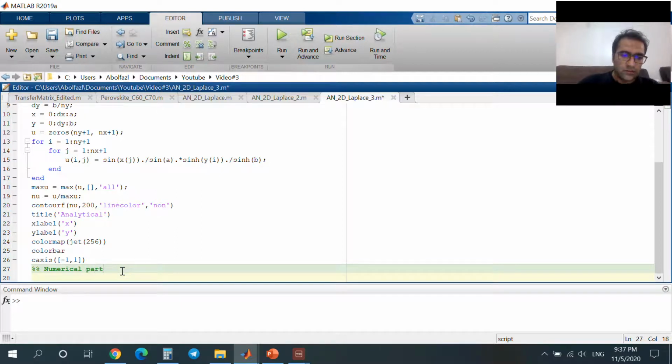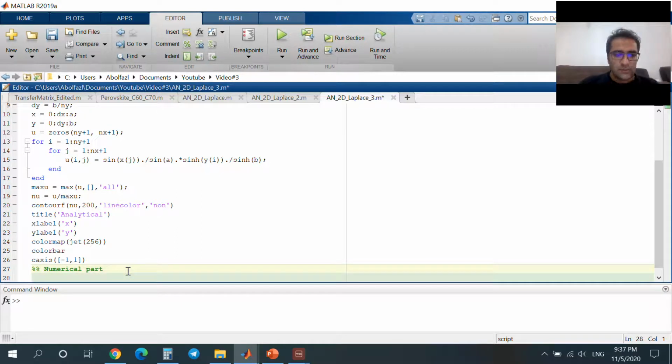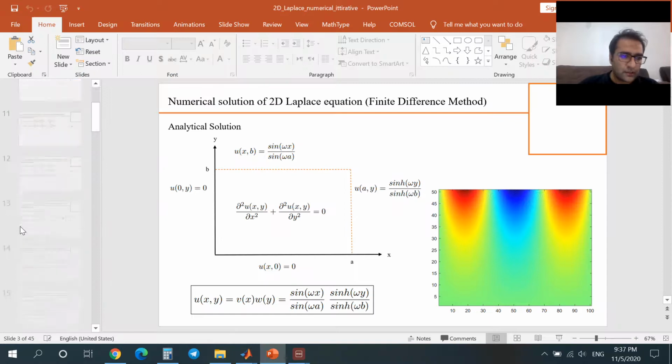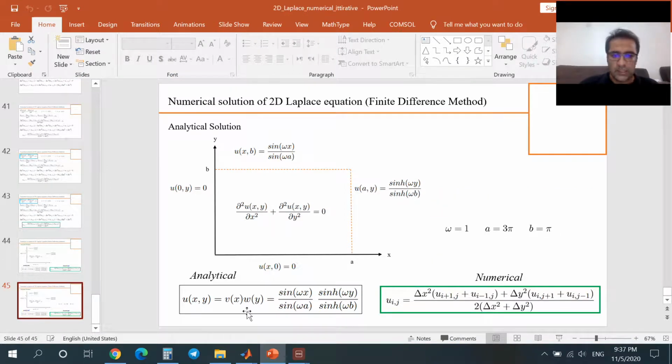Numerical part, right? So let's go back to the slides. This is the numerical solution. We have some coefficient here. You see this is 1 divided by 2 times (delta x squared plus delta y squared).